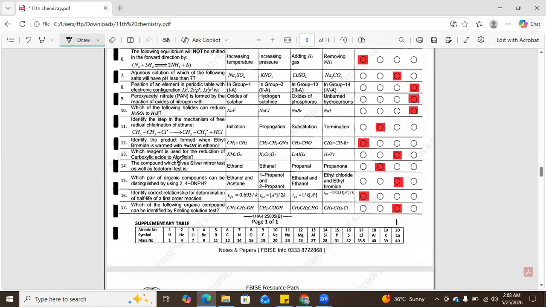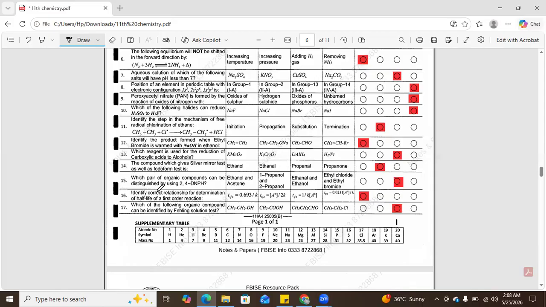Which reagent is used for the reduction of carboxylic acid to alcohols? This one is the second time this is mentioned in the past paper. It was also in the model paper. The compound which gives silver mirror test as well as iodoform test is ethanal.